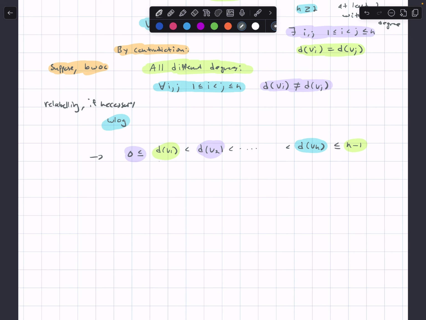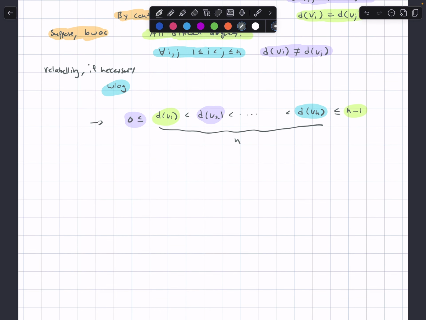But how many of these are there? There are n of them, and these are all elements of the set 0 through n minus 1. Each one of these is a natural number, or an integer, if we're not considering 0 part of the natural numbers. It's an integer in 0 through n minus 1, and there are exactly n of these. Counting from 0 to n minus 1 is n numbers.